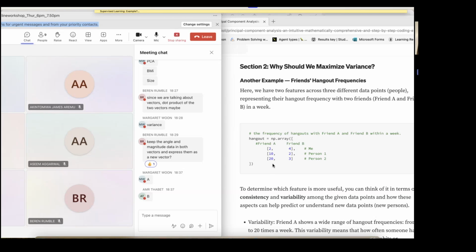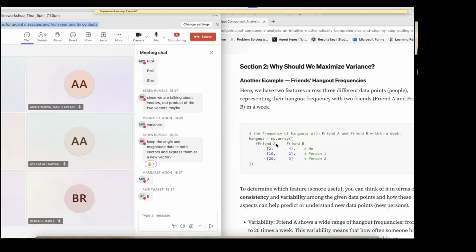So the next question is, why will the most spread of data benefit finding the general patterns in the data? It would be good to represent the whole data. That's the question, very important for PCA.